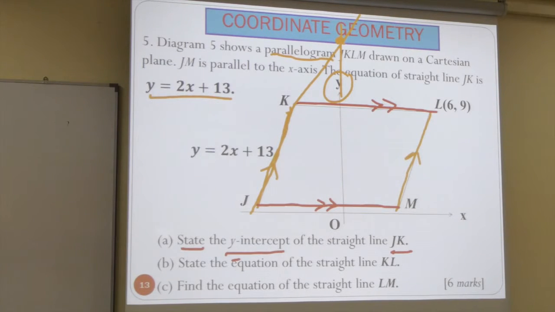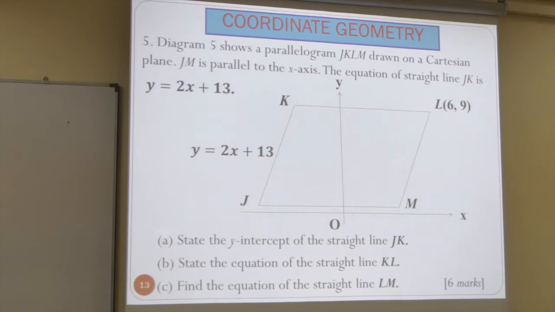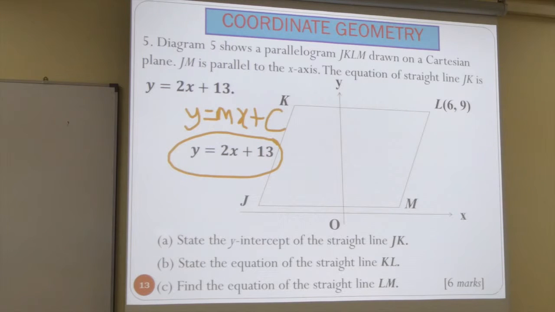So in order to know the y-intercept, all you need to do is to identify this equation. Is it familiar to you? Yes. What type of equation is that? y equals mx plus c. Very good. And what is the value of c now?